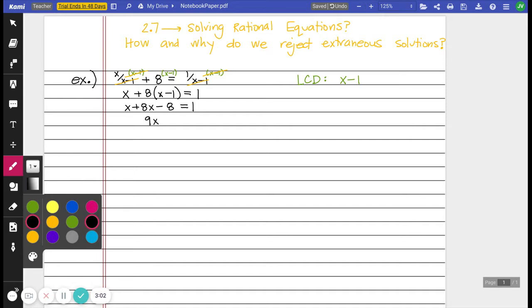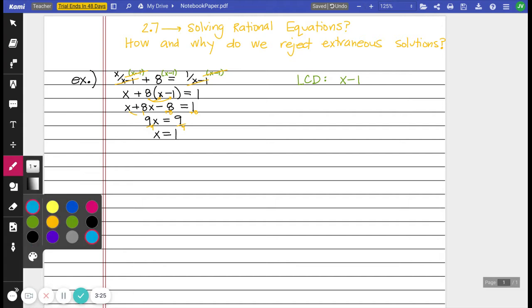Combine like terms, add 8 to both sides. x equals 1. If you need to see that in a little more detail, there's some kind of yellow markings to help guide your thinking. So my final answer was x equals 1.